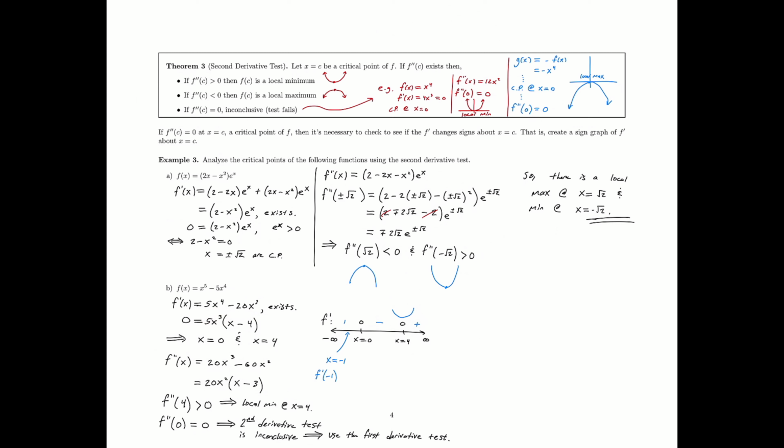So this is positive, which means our graph does something like this, which means we have a local max right there. So we can say local max at x equals 0. And together we have this one as well.